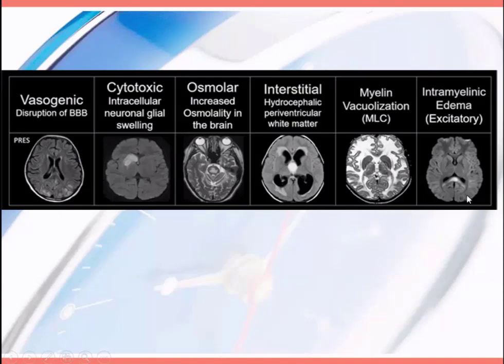Then lastly, we have the intramyelinic edema, which is excitatory edema occurring in the splenium of the corpus callosum, and you can find them in acute cases of hypoxic ischemic injury, also in encephalitis. So in acute cases, you can find this diffusion restriction in the splenium of the corpus callosum.